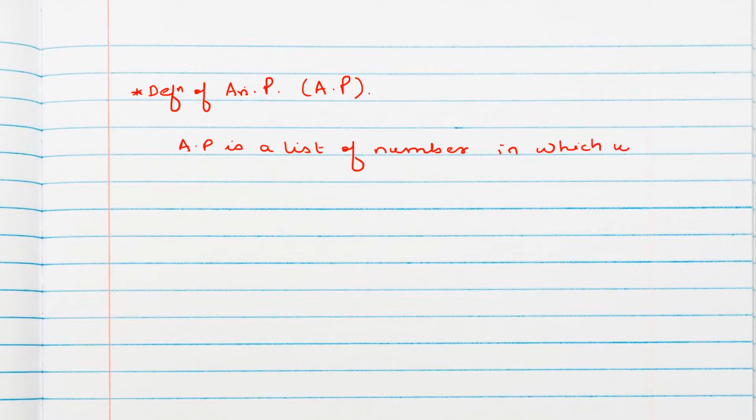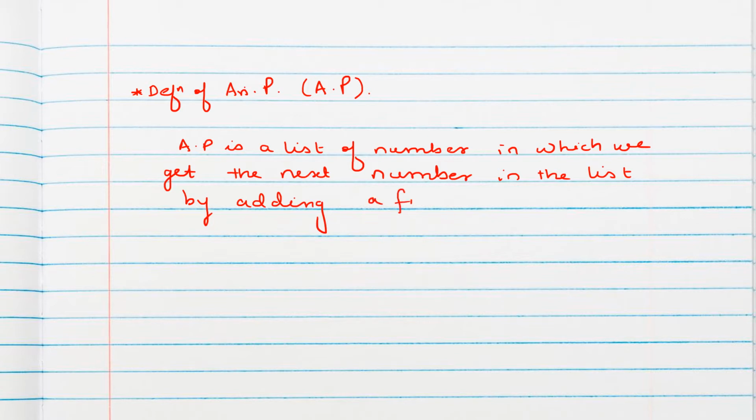So we can conclude the definition of arithmetic progression. The definition of arithmetic progression, or in short AP, is: AP is a list of numbers in which we get the next number in the list by adding a fixed number to the previous number.